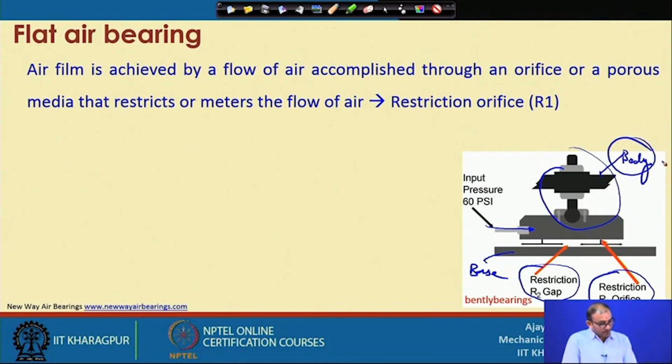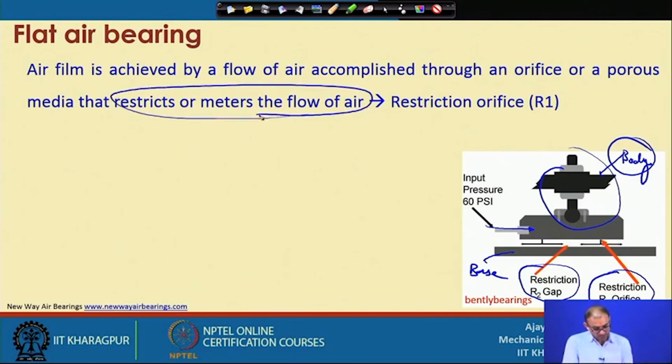Now you have to restrict or meter the flow of the air, because once you provide a 60 PSI supply, you first do not know how much load is coming from the top. That is the force or the load. Then, depending on that, you have to find out how much air film thickness is required.